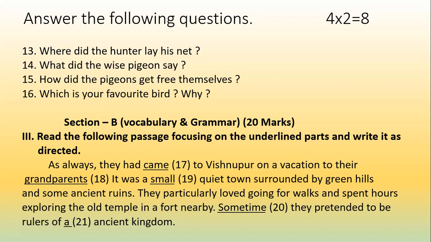All of them started to flap and they rose high into the sky. And when their speed of flapping the wings was increased, the net tore and they got free themselves.